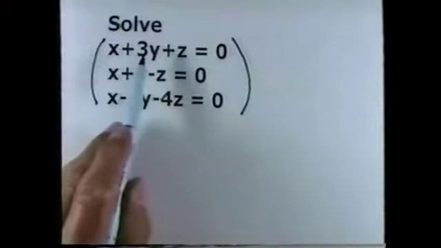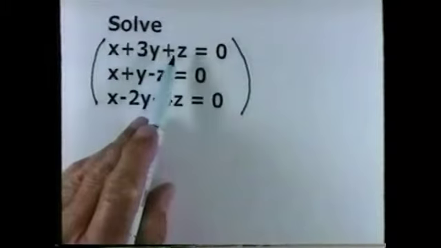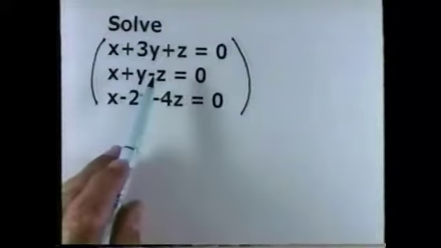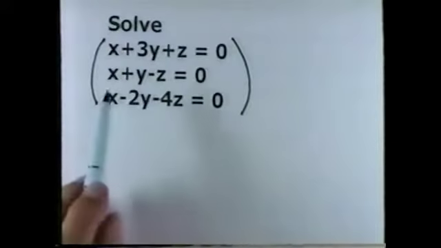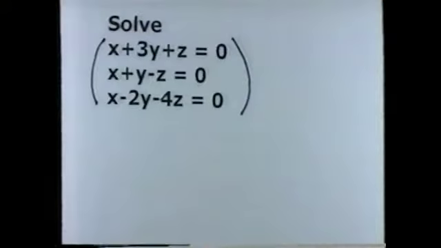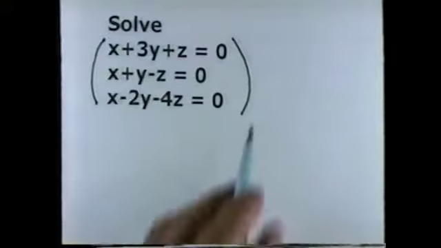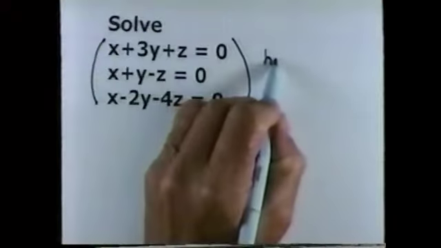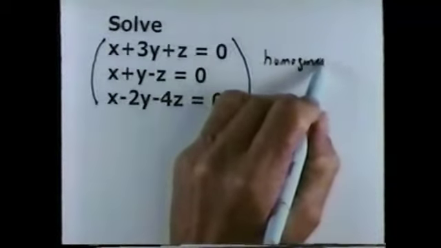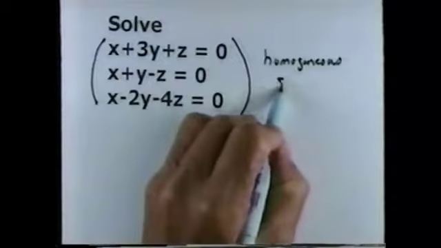Solve x plus 3y plus z is equal to 0. x plus y minus z is equal to 0. x minus 2y minus 4z is equal to 0. Now what we have here is a homogeneous system.